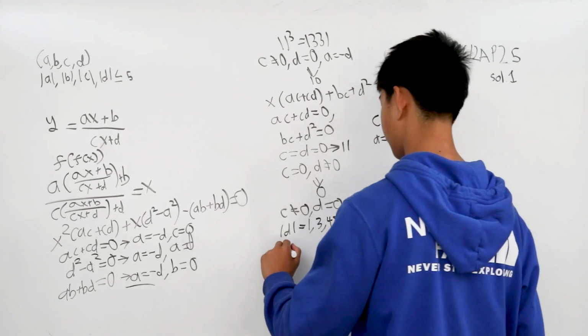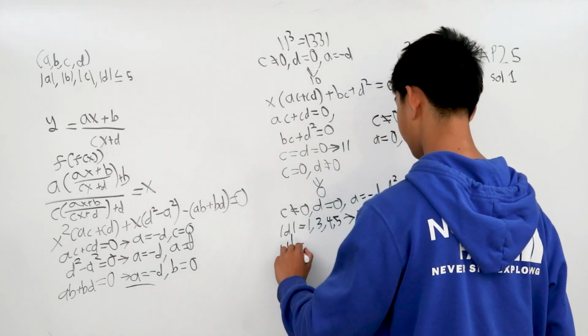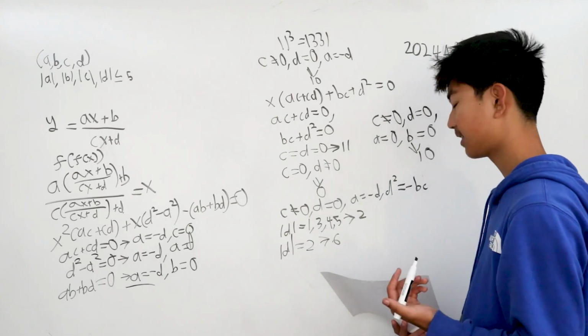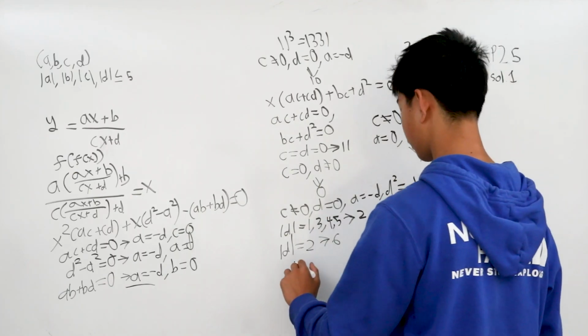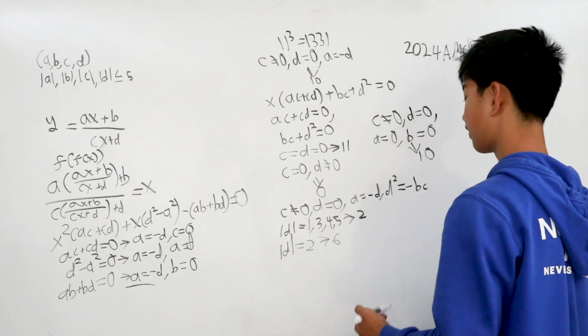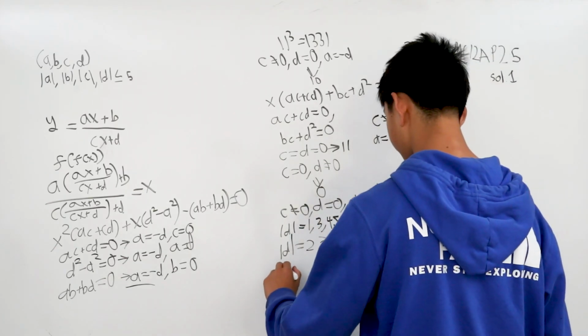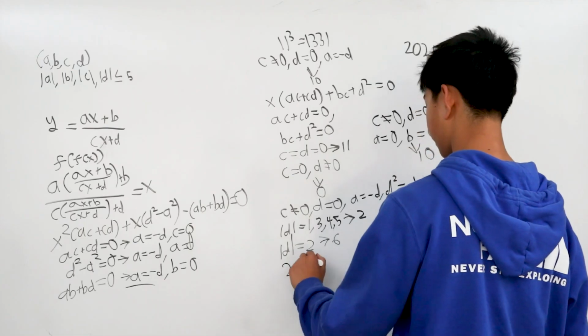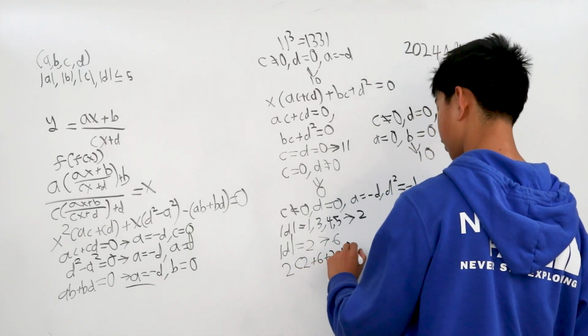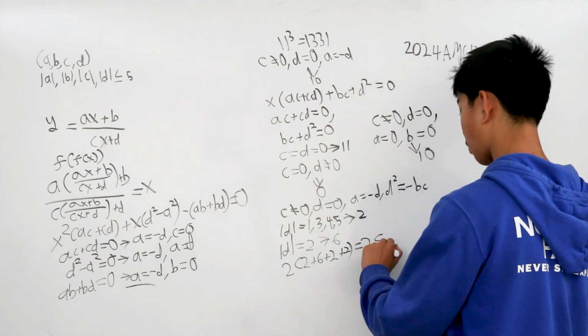And if the absolute value of d is just 2, then we have 6. So counting all these, the total amount we need to subtract here is 2 times 2 plus 6 plus 2 plus 2, which is going to be 28.